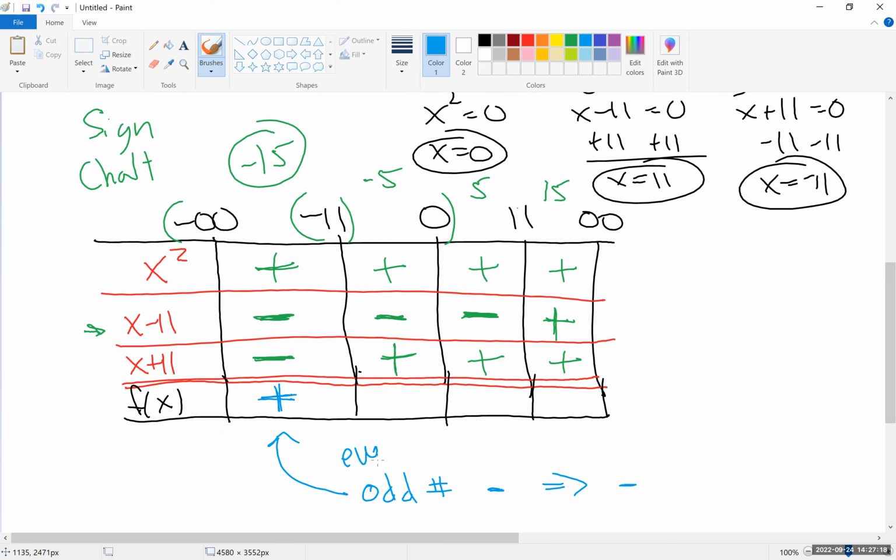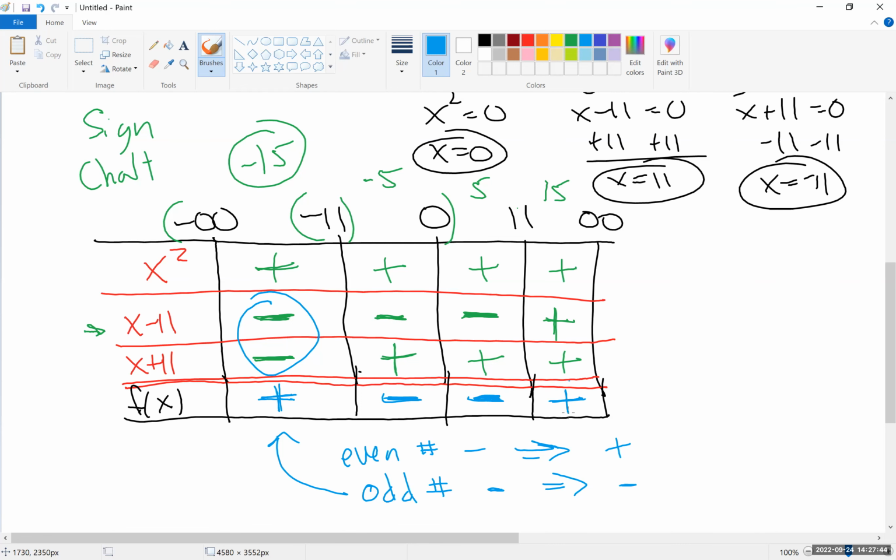If you have an even number of negatives, it's going to be positive. So for us, we have 2 negatives, a negative times a negative is positive. In the next one, we have 1 negative, so the function is negative. Here we have 1 negative, the function is negative. And the last one, they're all positive. If you multiply all positive numbers, you get a positive number at the end.